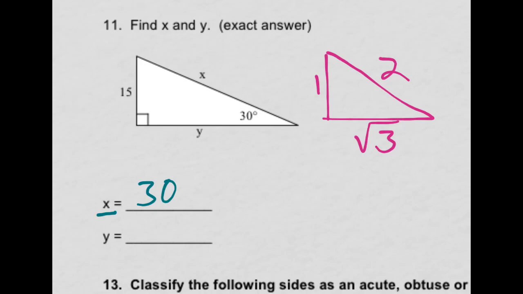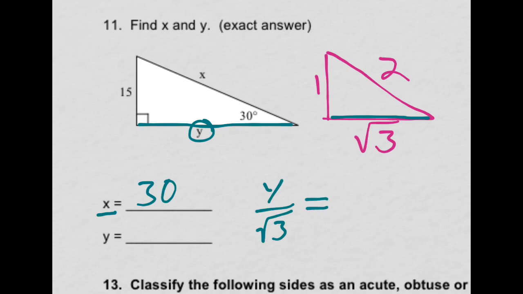Okay, so once again I'm going to set up my ratio. This time I'm looking for y, so I'll start with y. Y over, well, it's this side on the triangle that I'm trying to figure out, so what side is it on my known triangle? It's this side on my known triangle. So I'm going to put that on the bottom.